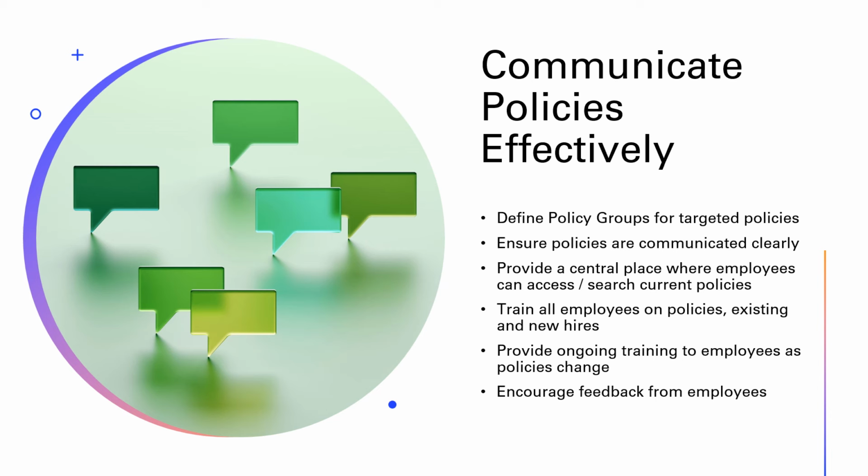Now, as we said earlier, the key here, though, is to communicate policies effectively. One of the things that we have found is that every organization may have a handbook, but that handbook may need to go to different groups. We have a customer that is a commercial solar company in California, Nevada, and Arizona.